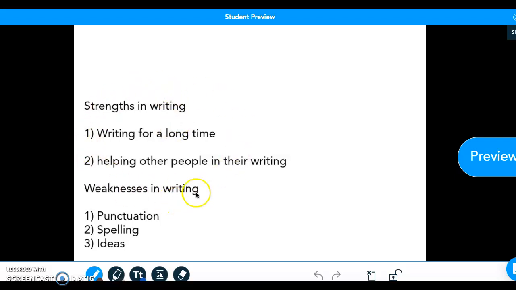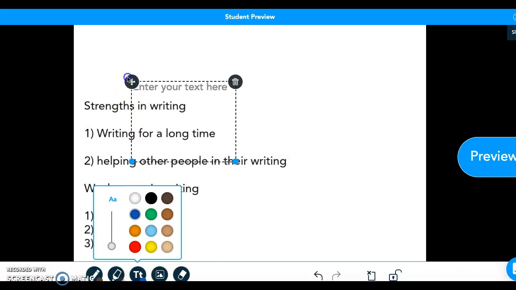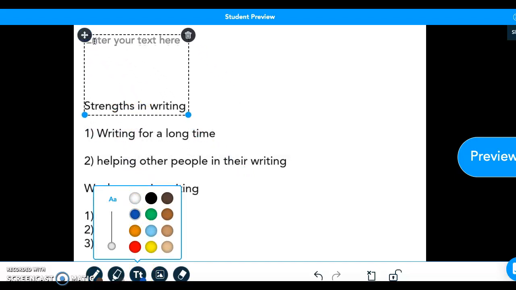to show paragraphs. So we have strengths in writing, writing for a long time, and helping other people in their writing. And we need to create a supporting paragraph. So instead of saying strengths in writing, I might use this text box and write something like this.